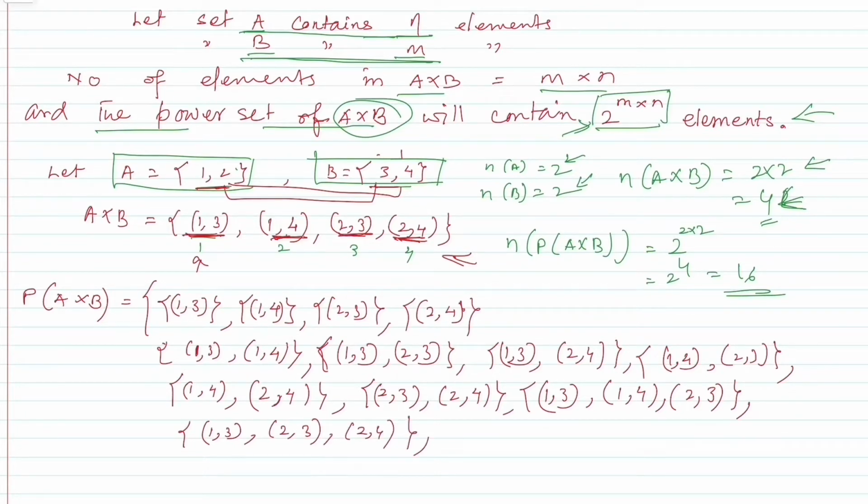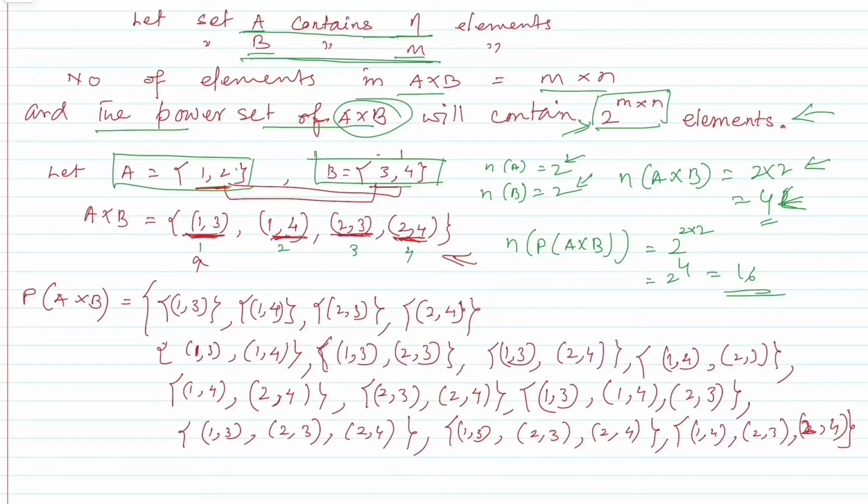Then let us take the first, third and fourth, so 1 comma 3, 2 comma 3 and 2 comma 4. Then we will take the second, third and fourth ordered pairs, so 1 comma 4, then 2 comma 3 and then 2 comma 4. So these are all possible subsets containing 3 elements.